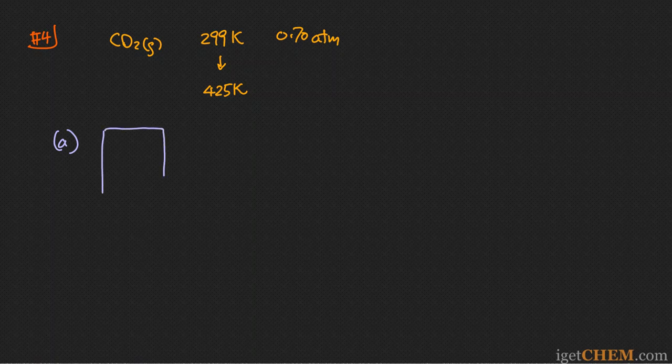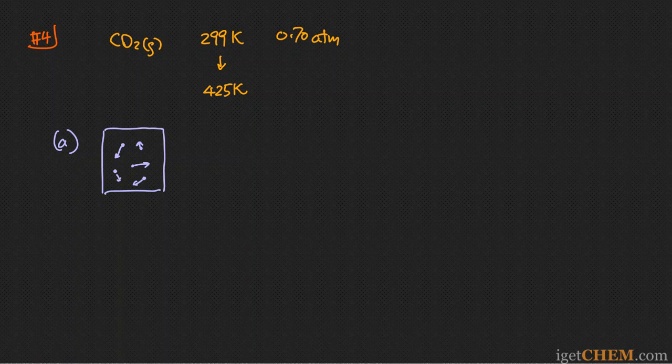So let me just draw a picture and imagine each dot represents a CO2. These are traveling at some speed. Some are faster, some are slower, so the arrows point in different directions and also have different sizes reflecting the velocity of these different CO2 molecules.